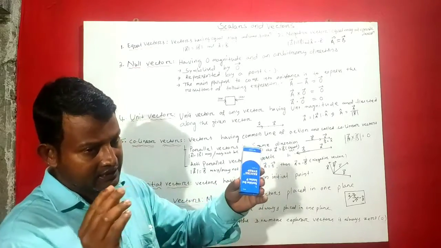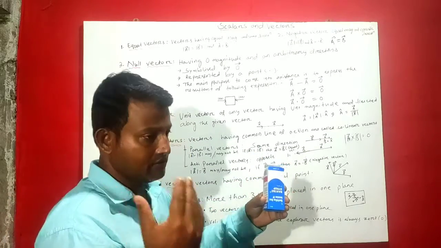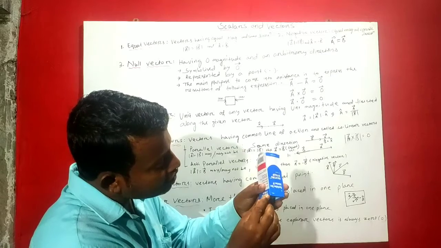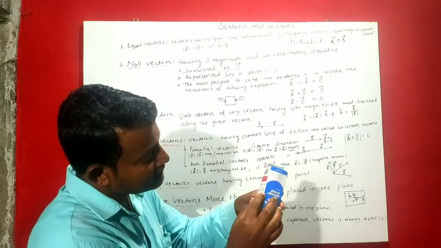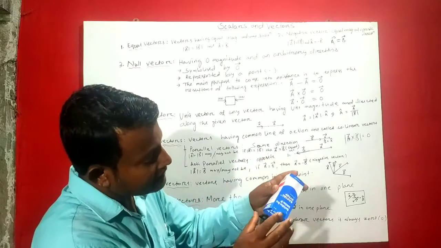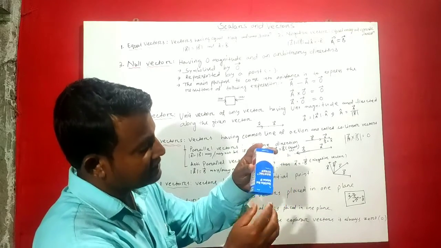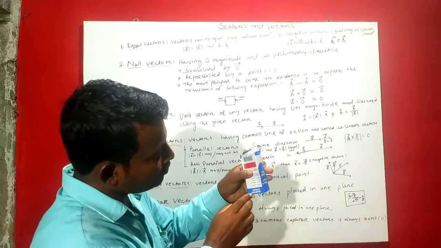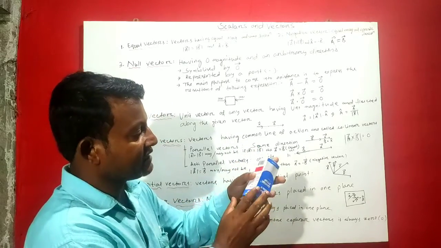We can represent three vectors along the three sides of this cube or cuboid. Let this be the x-axis, this the y-axis, and this the z-axis.